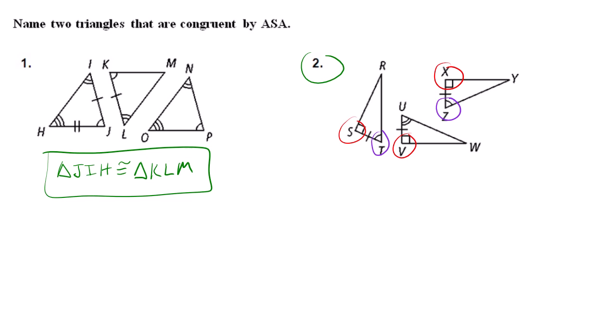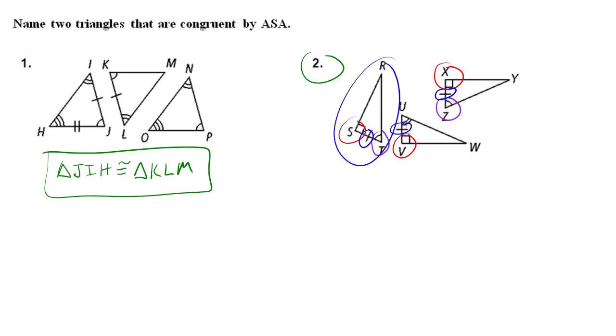We have this other angle U here that's not congruent. And then we have sides that are congruent with ST, UV, and XZ, right? So this triangle doesn't have quite enough, because angle U isn't congruent with angle T nor angle Z.